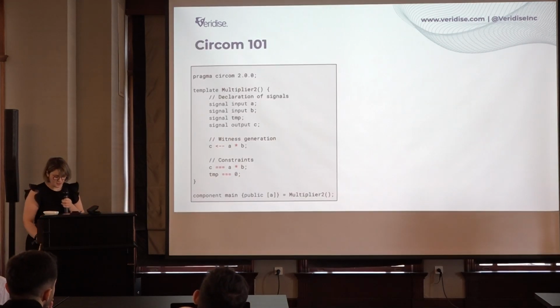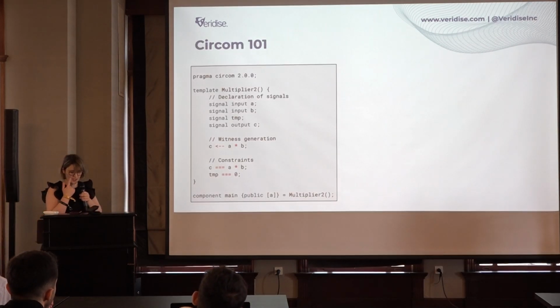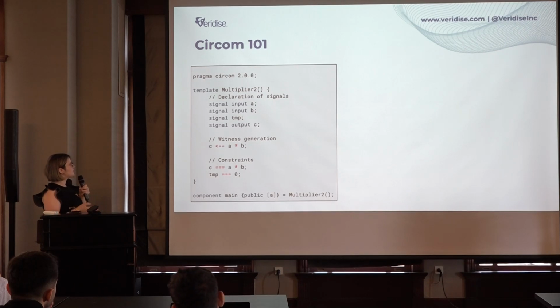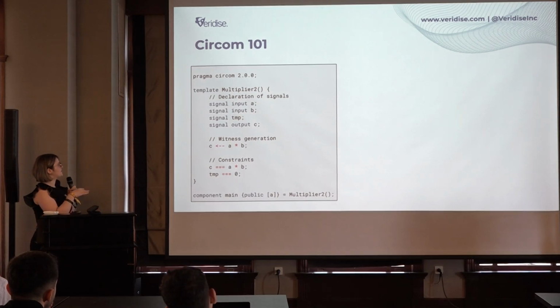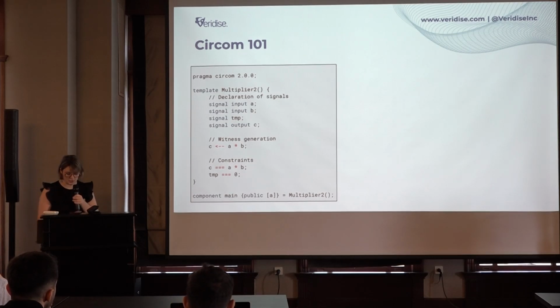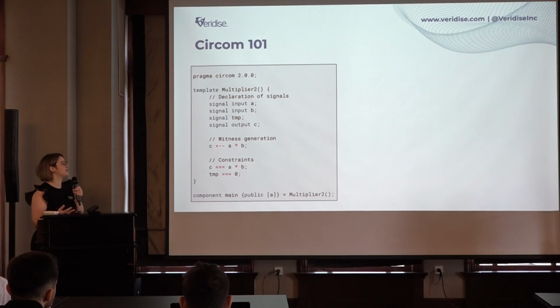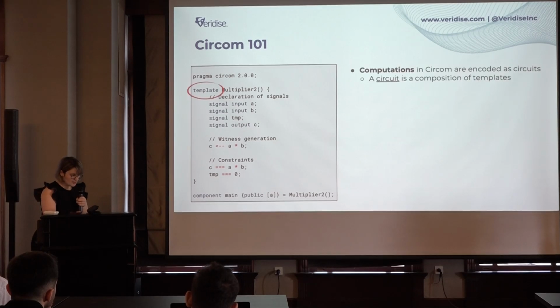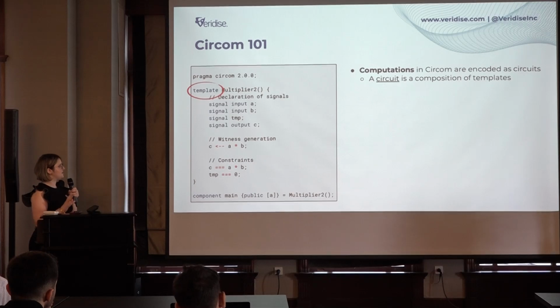To see how the concept we talked about previously actually works, I will walk you through this basic Circom example, and I will explain a few features that are part of this Circom domain-specific language. All the computations in Circom are encoded as circuits.